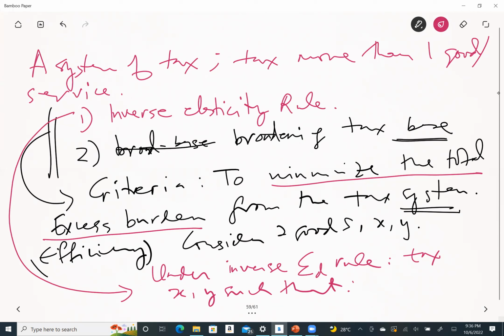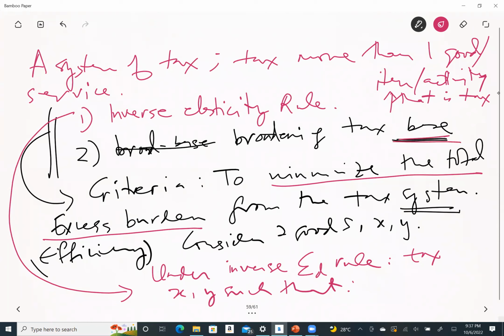But base is simply the item or activity that is taxed. So the activity or item that the government taxes, we call it the base. So broadening the tax base means you tax more items.